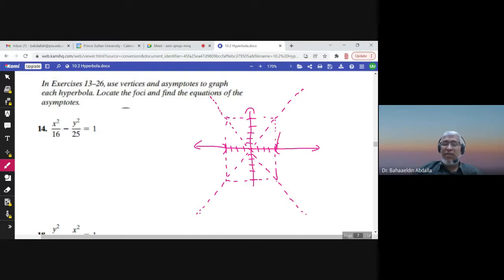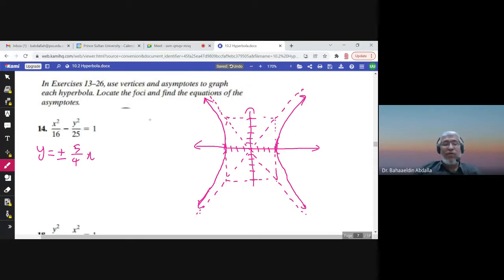These are the vertices. Sketch the graph of the hyperbola. Let the graph approach the asymptotes, coming closer to the asymptotes. So what are the equations of the asymptotes? y equals plus or minus 5 over 4 x.